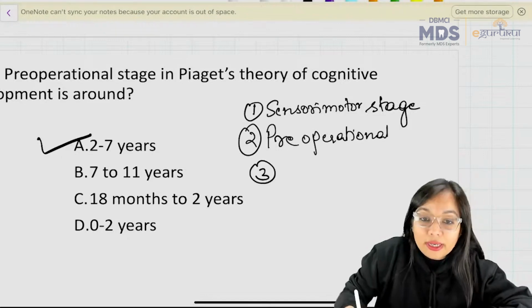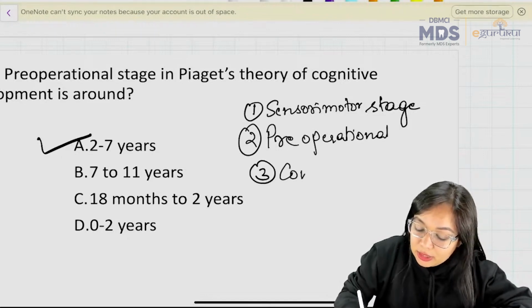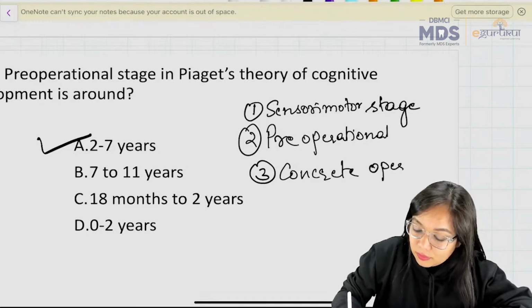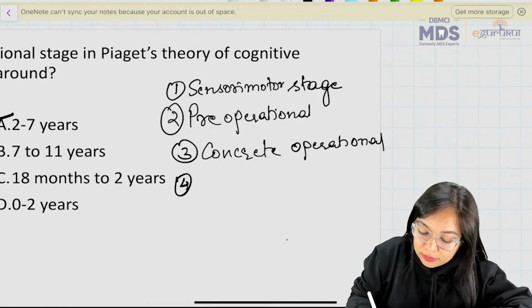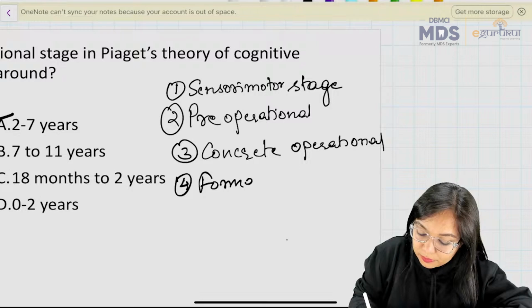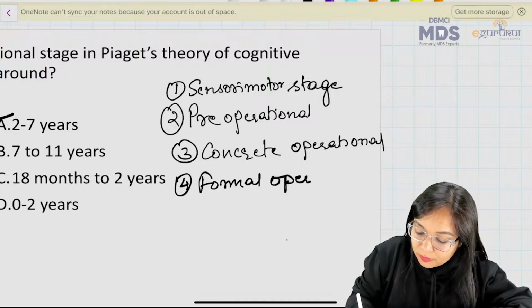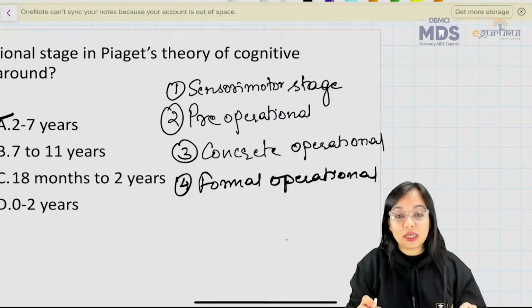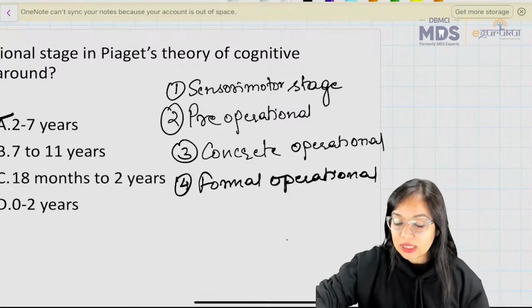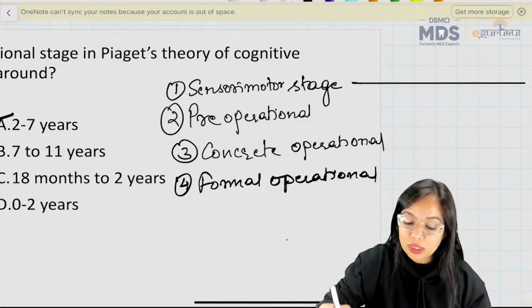The third is concrete operational. And the fourth is the formal operational stage. So these are the 4 stages present in Jean Piaget's theory. The sensory motor stage is from 0 to 2 years.